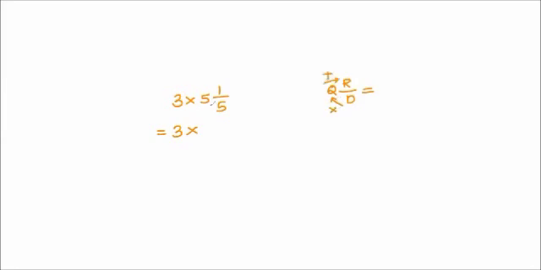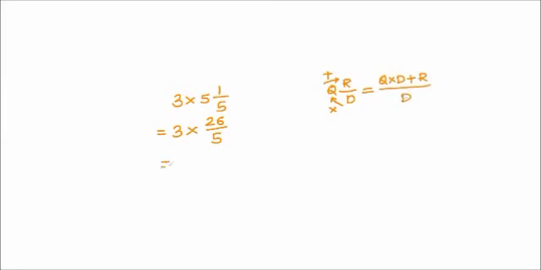So 5 into 5, 25. Then 25 to 1, we add. 25 plus 1, 26. So 26 upon 5. So what we write is Q multiplied by D plus R upon D.